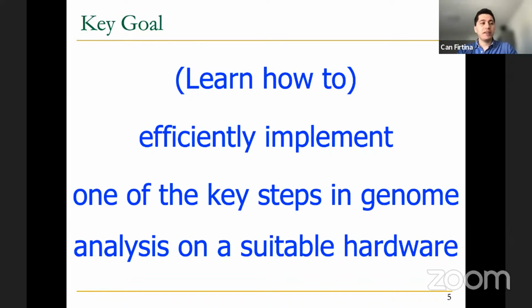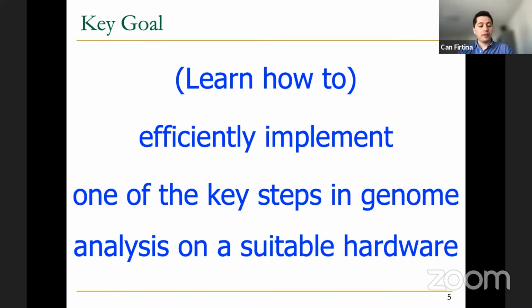But as we implement the algorithms, we will also want you to think about the suitable hardware that you could apply your implementation on. And then maybe you can also implement in a way that it is suitable for that hardware. So you're not necessarily going to implement something specifically for that hardware, but it will always be good if you think about this suitable hardware as you implement.